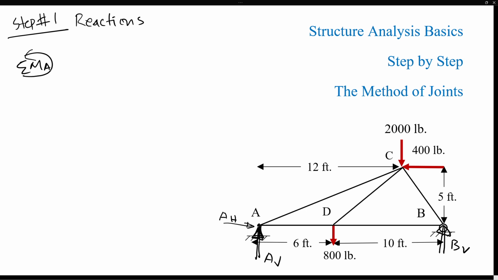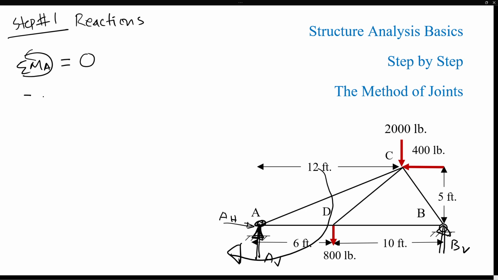If we take moments with respect to A and sum everything to 0, that will give you the reaction at point B. For the 800 pounds, that will actually do a clockwise moment. We'll try to rotate clockwise.